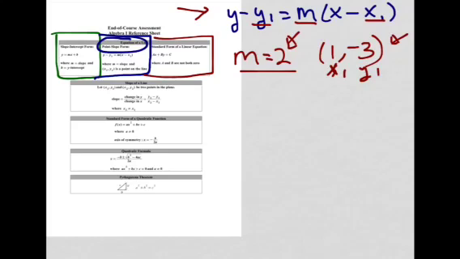Well, we don't have a plain old ordinary y. We just have this fancy y with the last name. So, we're going to go ahead and just write plain old ordinary y minus, now it asks for a y1, so I'm going to plug in y1.